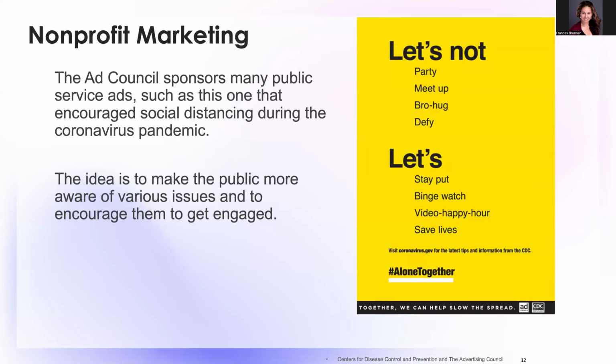In nonprofit, this ad on the right shows a nonprofit marketing in order to help people distance during COVID. The idea is to make the public more aware of various issues and encourage them to stay engaged. As you can see, the hashtag Alone Together is something that can easily be Googled, and the coronavirus.gov website allows people to get the latest tips and information.